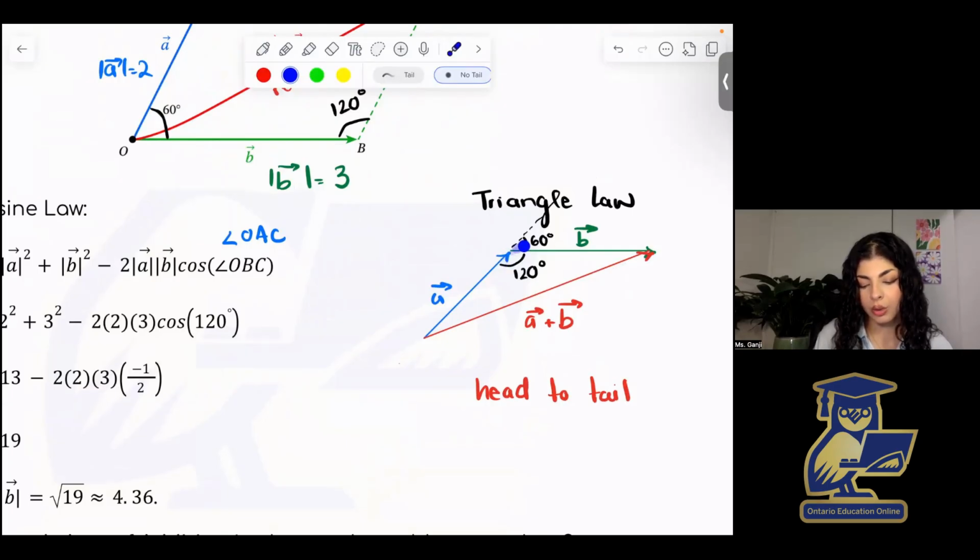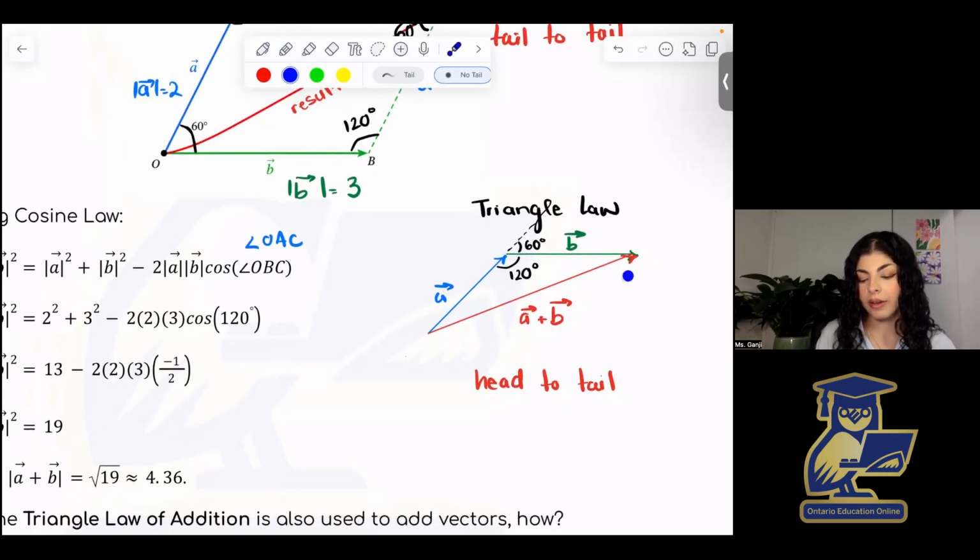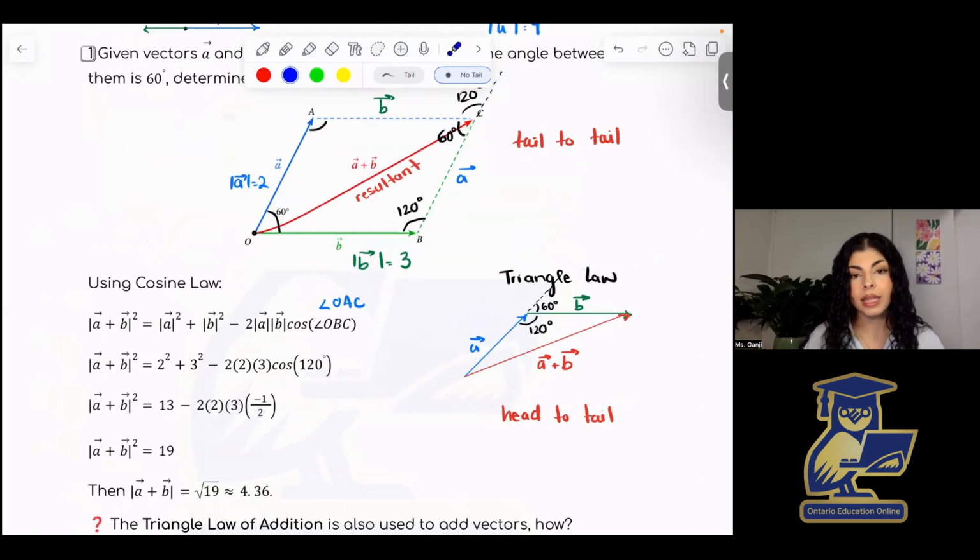So we have head to tail of B, head of A to tail of B here. And again, the resultant will just be from the starting point to the final ending point, which is vector B here. So not necessarily here because that's just vector A, but these two will be the same.